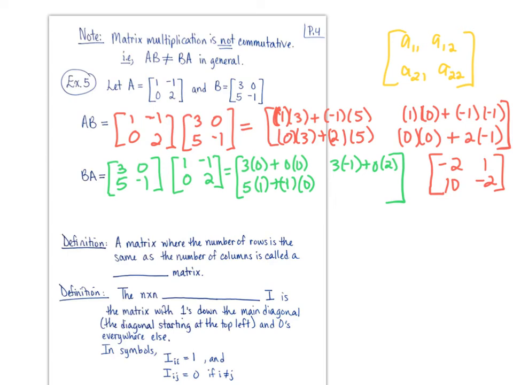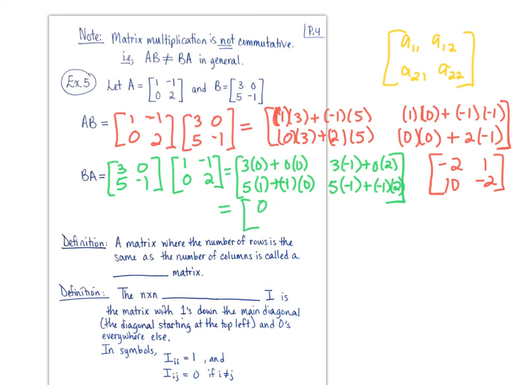And then second row, second column, is 5 times -1 plus -1 times 2. We simplify that. 0 plus 0 is 0.